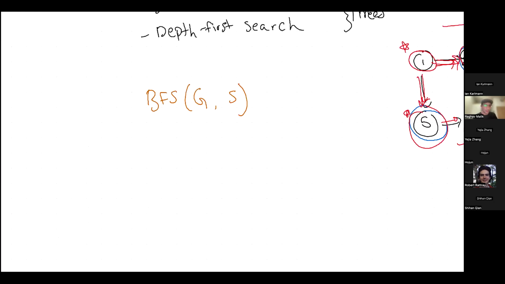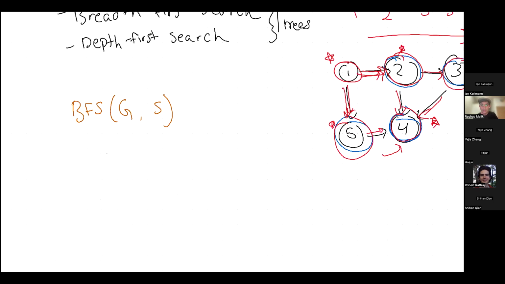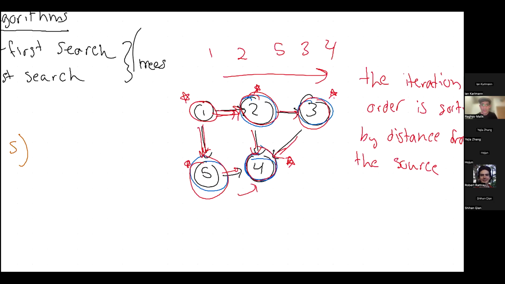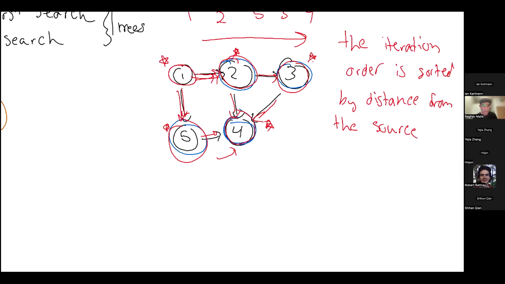Okay, so if we write pseudocode for this, this is going to look very similar to our tree pseudocode. But in particular, we kind of want to think of this as building a tree, right?